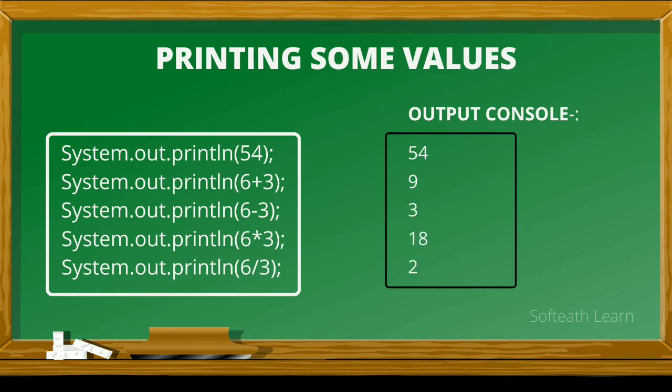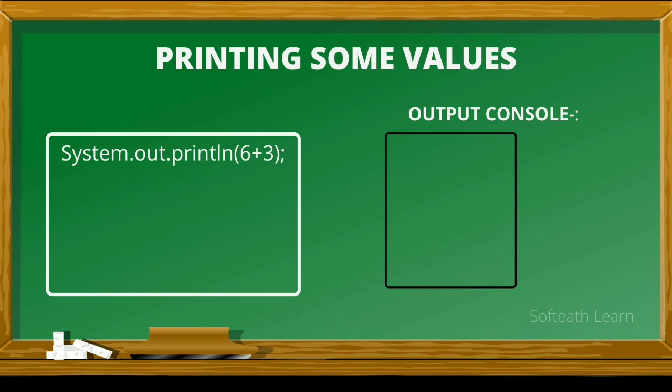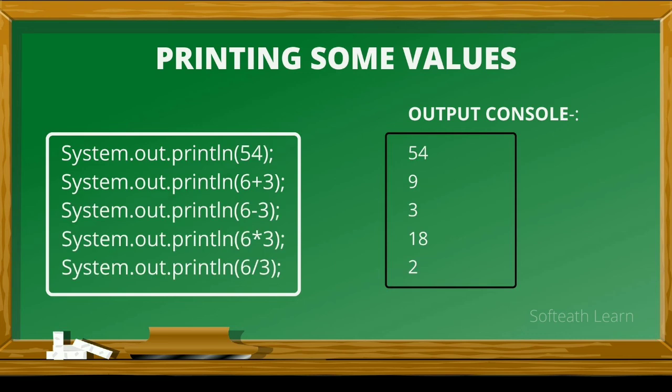Now what I wanted you to know is that the value will be calculated, then the result will be printed. For example, let's take the addition statement. Java knows that at first the addition of the numbers is calculated, so this is an expression that produces a value, that is, 6 plus 3 produces a value which is 9. So we will calculate this expression and then println will print the result, which is in this case 9. So this applies to all the statements over here.